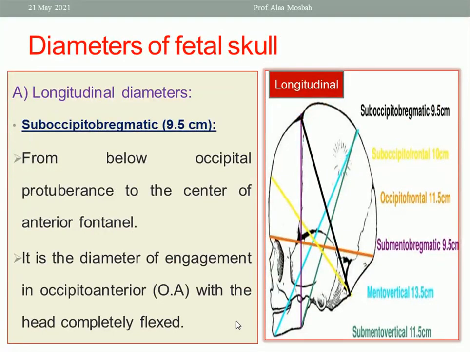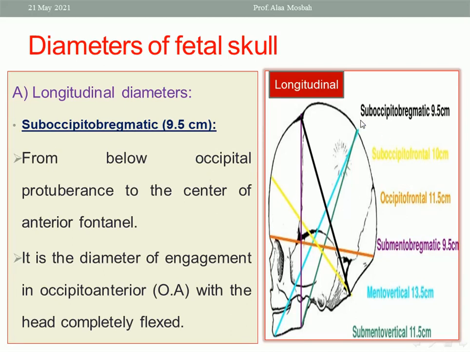What about the diameters, which is very important? I have two types of diameters: longitudinal diameters and transverse diameters. Let us discuss the longitudinal diameters first, and we'll start with the suboccipitobregmatic diameter, 9.5 centimeters. Look at this picture, each color corresponding to a diameter.